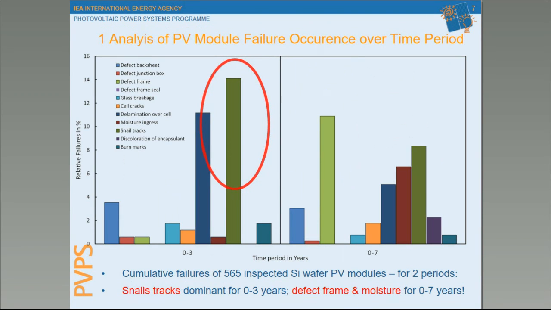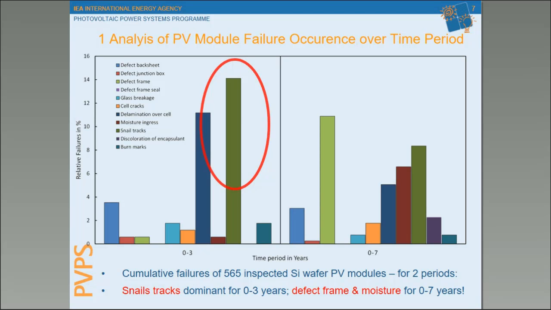If we try to look for the time when these failures happen with respect to the installation, on the x-axis now you have the time period after the installation, which means in the first early time after installation, 0 to 3 years, and on the right-hand side the time frame of 0 to 7 years after installation.